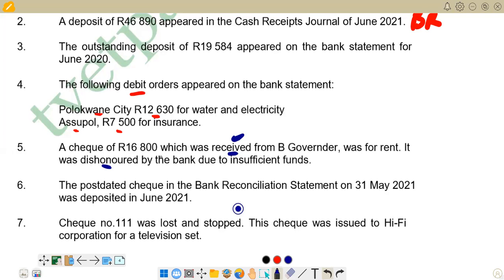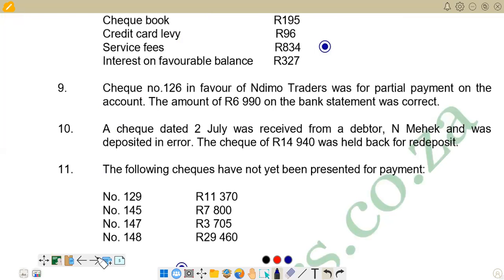Remember, it was for B Govenda, and we also adjust it under the sundry section, because this is a check that we received from a debtor, and we don't have any column for a debtor there. So we can go and enter that one in the cash payments journal.